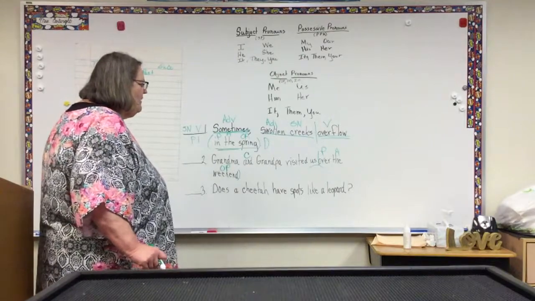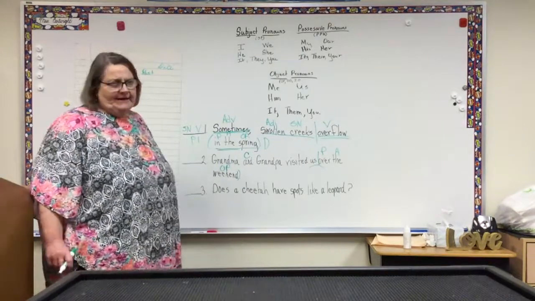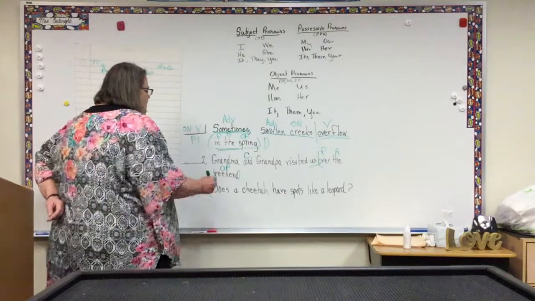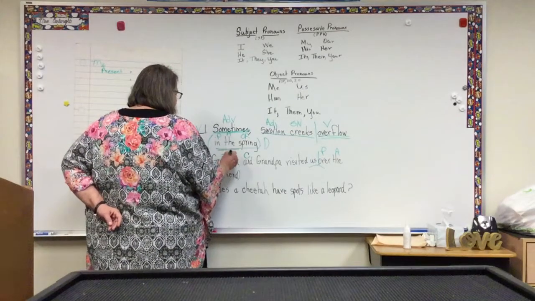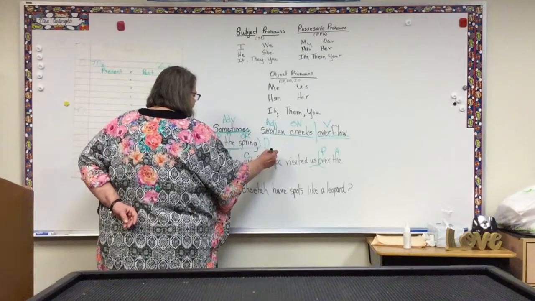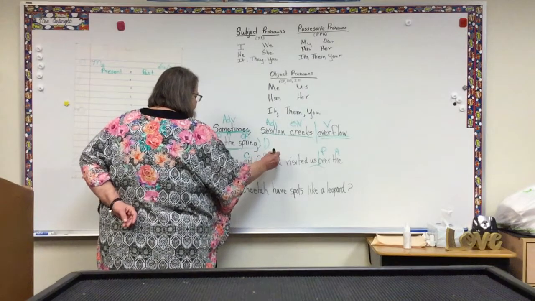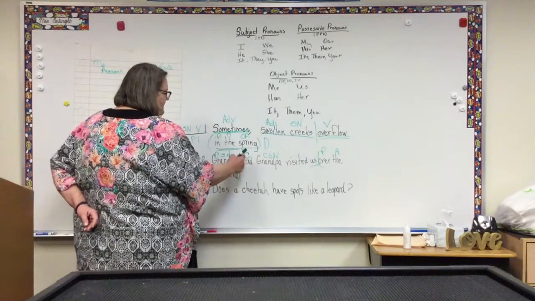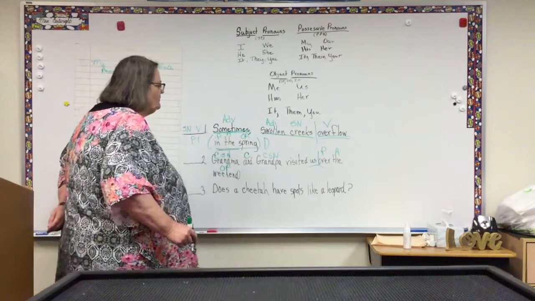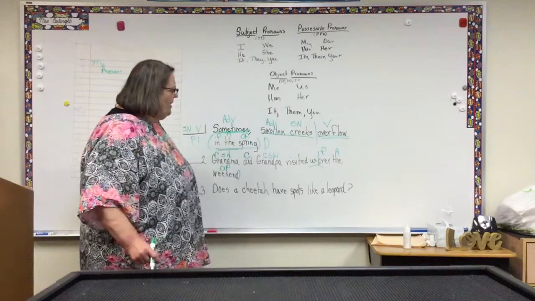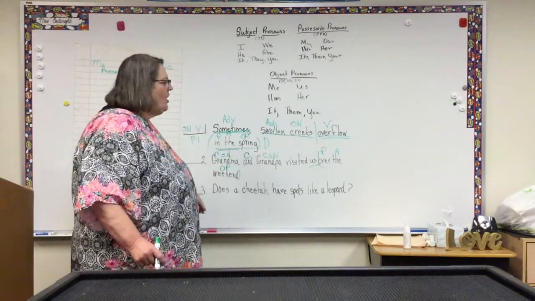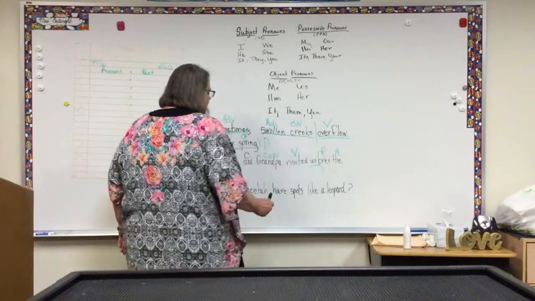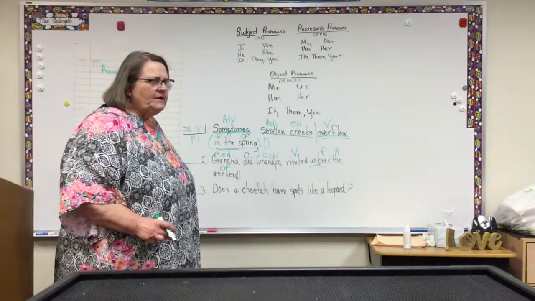Grandpa and Grandma visited us over the weekend. Who visited us over the weekend? Grandma, subject noun. Grandpa, subject noun. Compound, two. And, conjunction. What's being said about Grandma and Grandpa? Grandma and Grandpa visited. Verb. Grandma and Grandpa visited who?